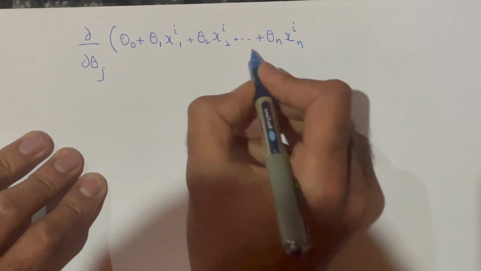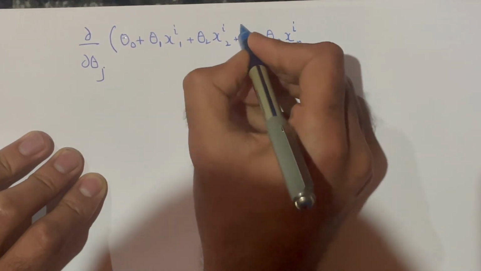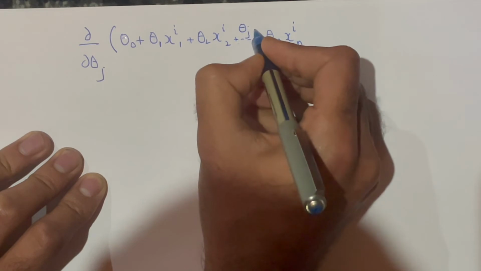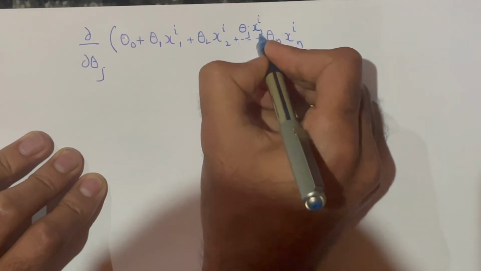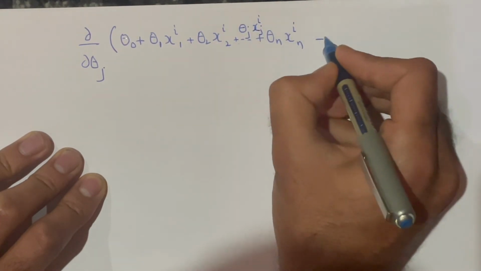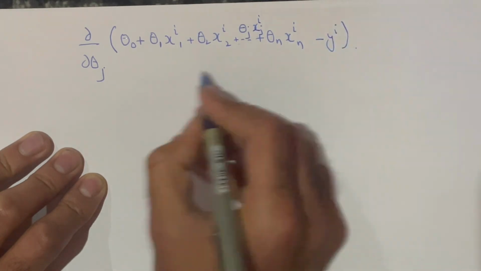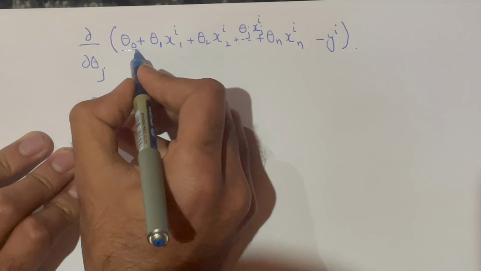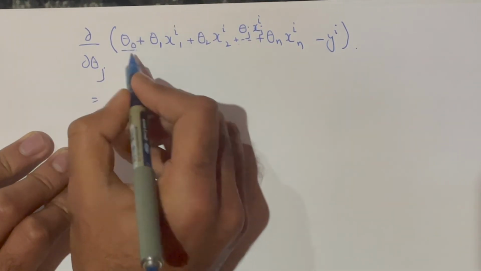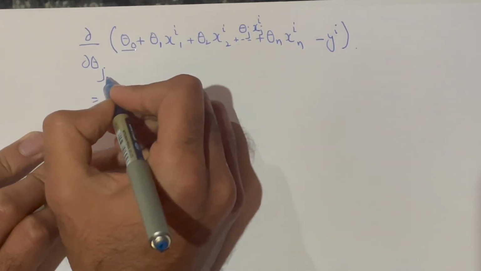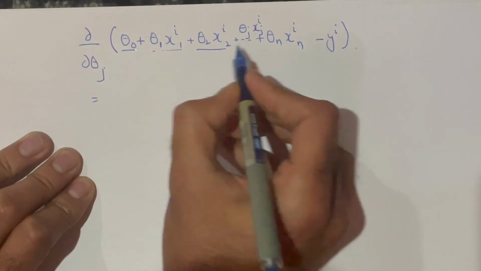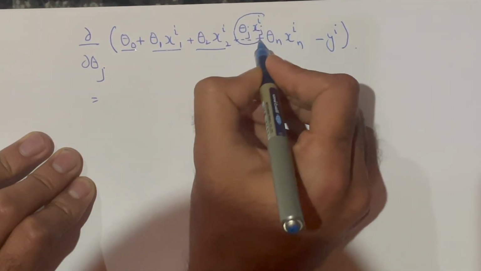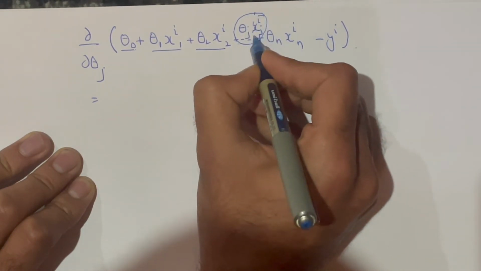So at some point it will be theta j into x ij minus y i. So we have to do differentiation of this with respect to theta j. Differentiation of the other terms with respect to theta j will be 0 because they are independent quantities.